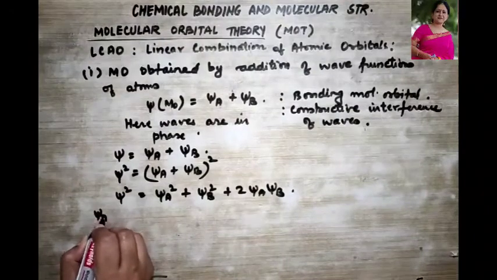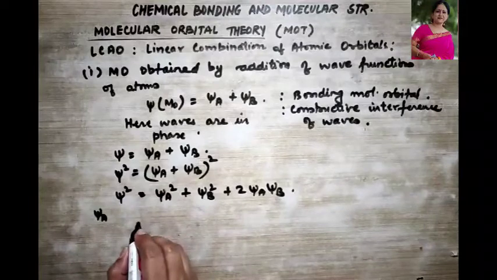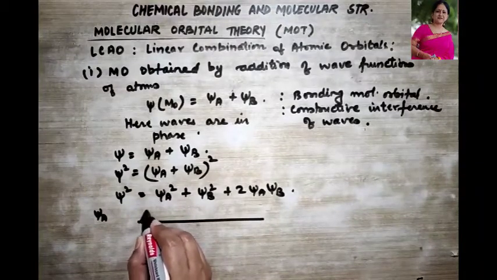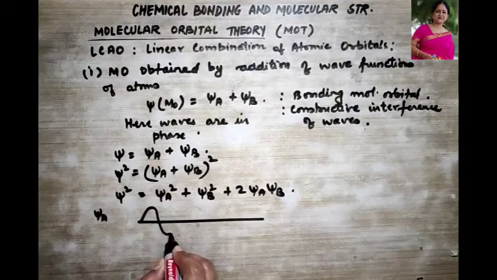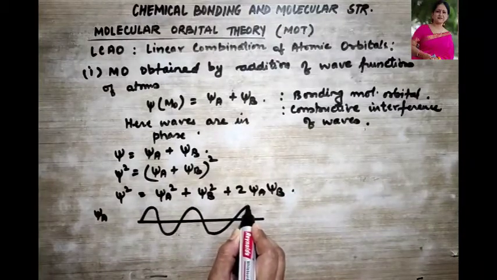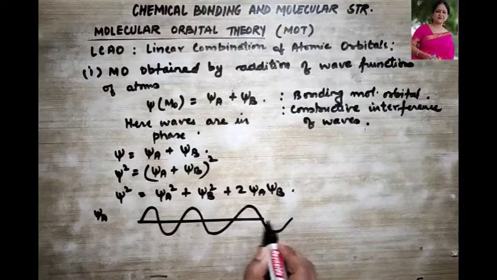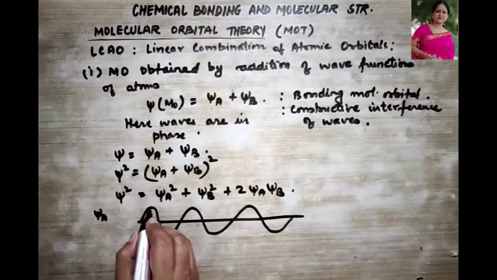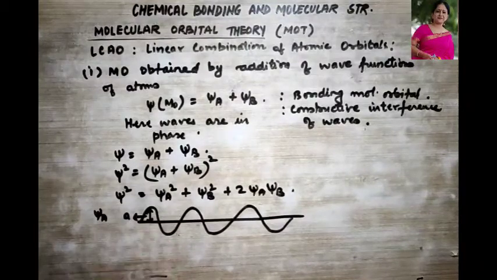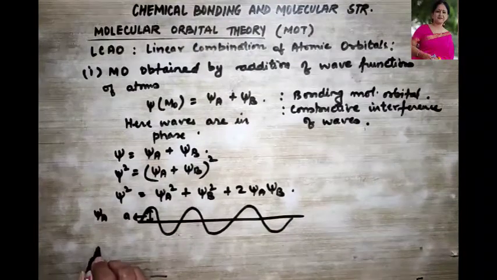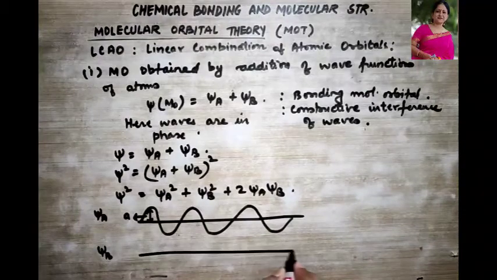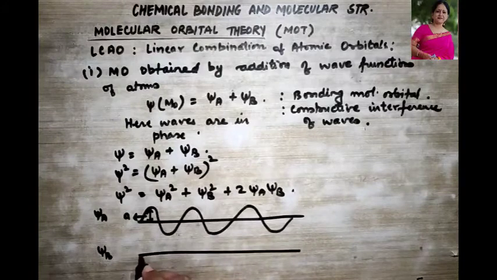So if this is wave function A, which can be shown in a linear combination, these are the waves. Okay, so this is your A. Now let us see wave function B. It is also the same because it is the same atoms.